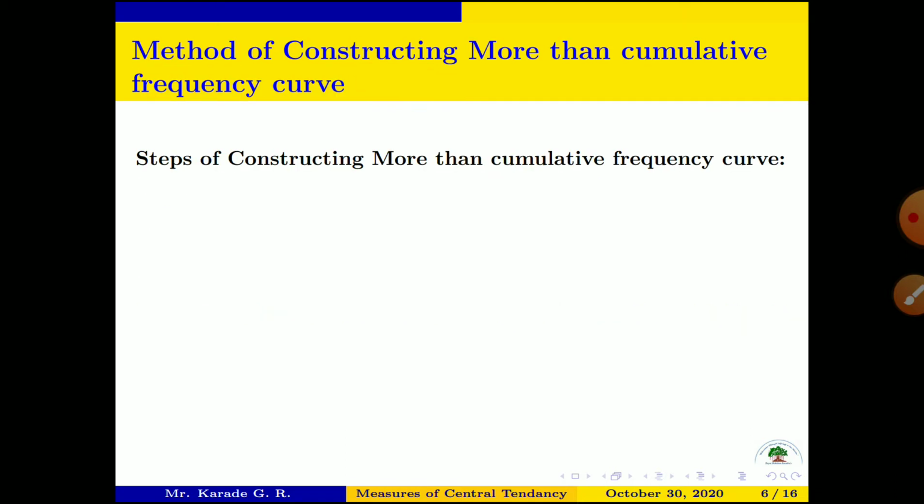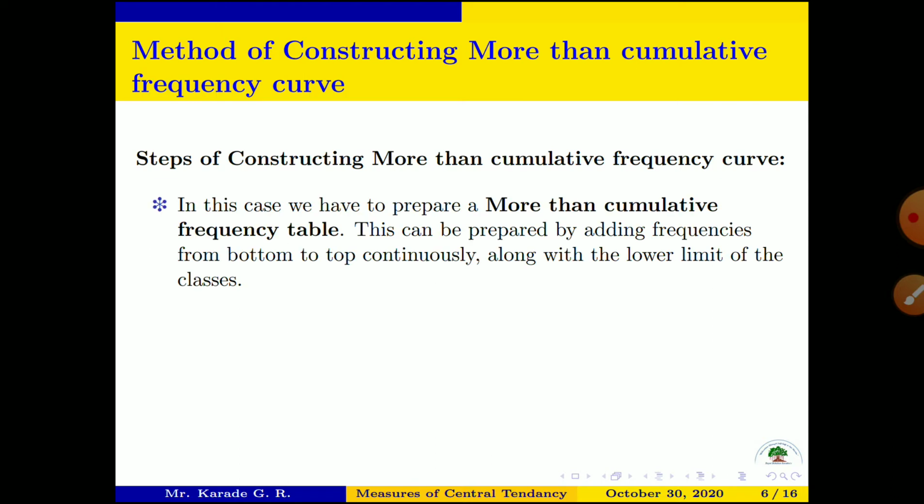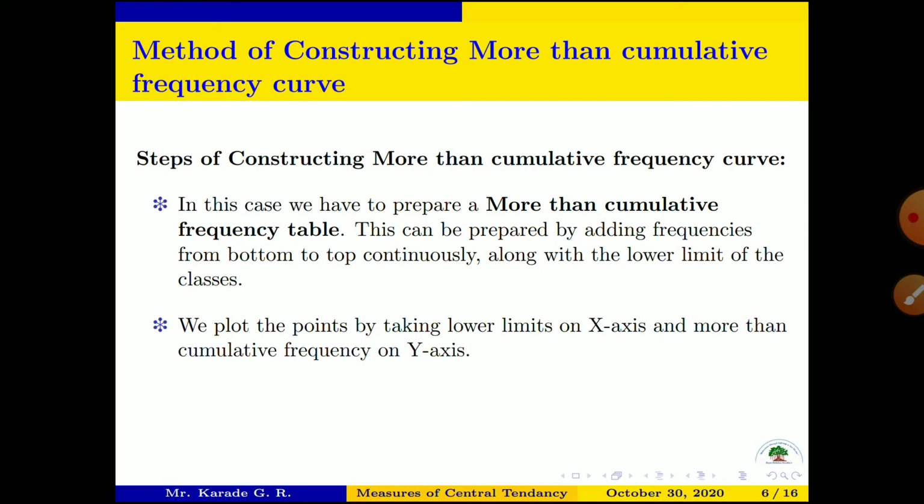Method of constructing the more than cumulative frequency curve. In the first step, we have to prepare a more than cumulative frequency table. This can be prepared by adding frequencies from bottom to top continuously, along with the lower limits of the classes.